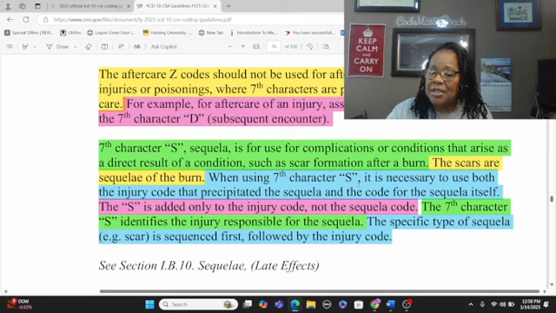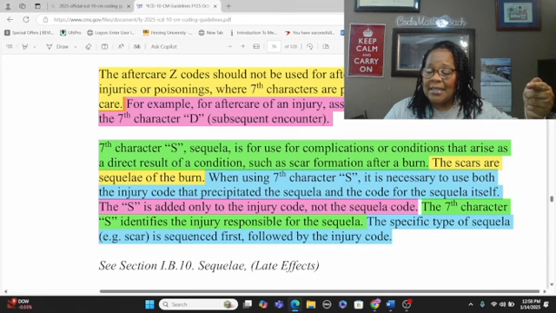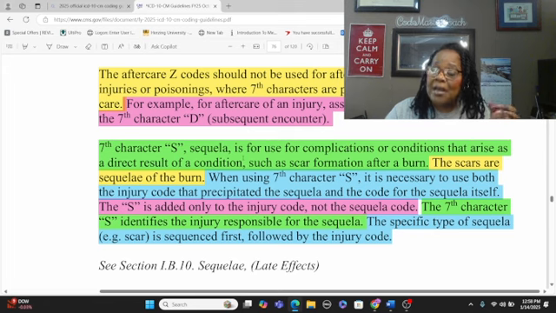When using seventh character S, it is necessary to use both the injury code that precipitated the sequela and the code for the sequela itself. So you're going to identify the fact that today they're coming in for that scar, but you're also going to identify the fact that they had a previous burn.